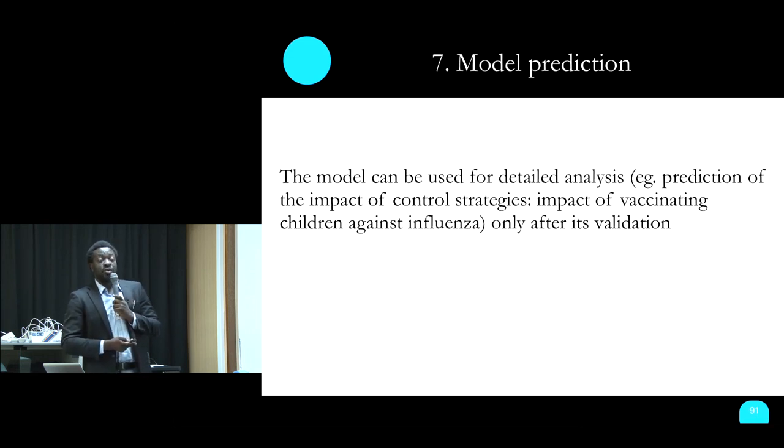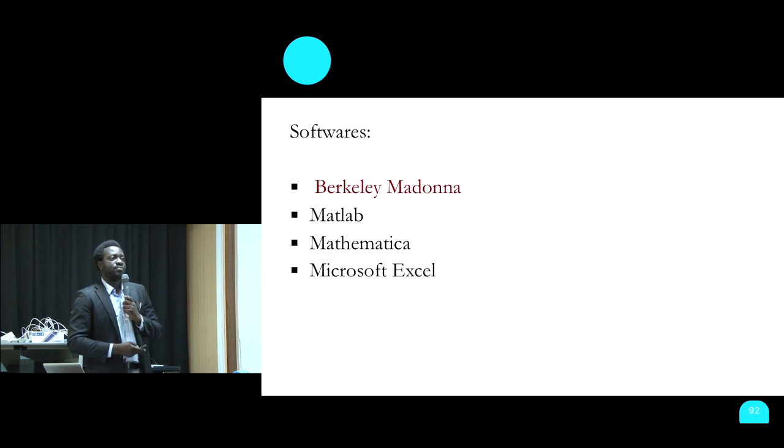And then you can use your model for prediction, to see how many people change in each of the boxes: infectious, susceptible, and immune. And there is software to do that. What I use is Berkeley Madonna, but you can use a very simple Microsoft Excel to do simple mathematical modeling.